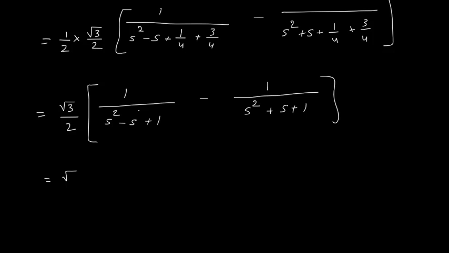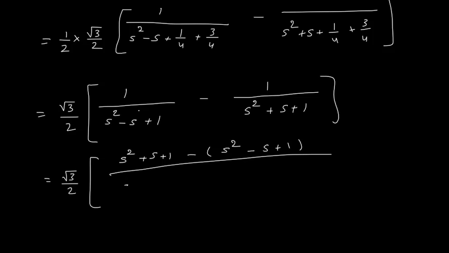This is equal to root 3 by 2. Now I will cross multiply: s square plus s plus 1 minus, in bracket, s square minus s plus 1, and the whole divided by, in the denominator, s square minus s plus 1 in one bracket and s square plus s plus 1 in the other bracket.